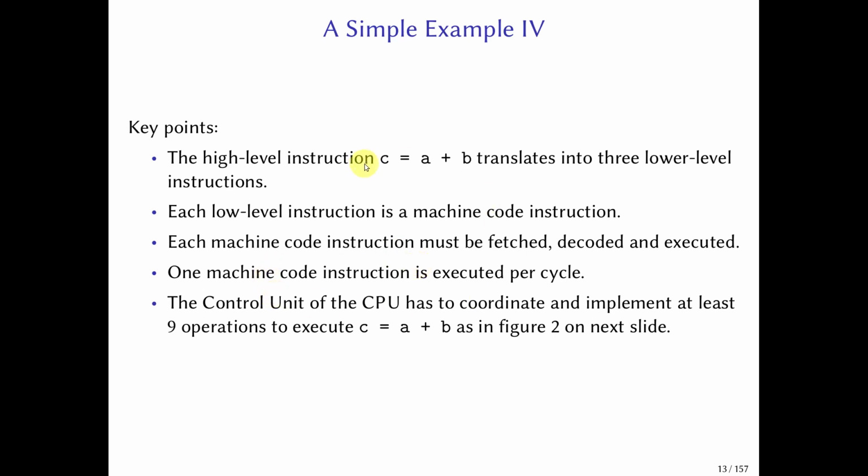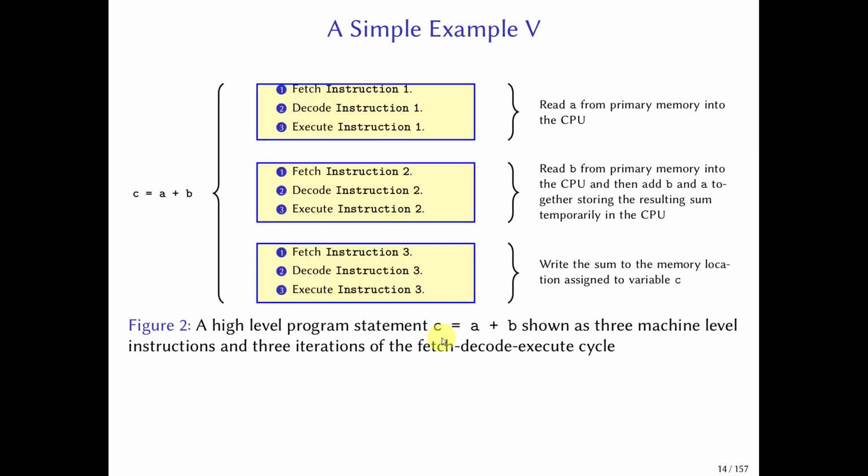So although we see something at the high level, C equals A plus B, in actual fact, when we consider it, and we can illustrate this with a diagram, C equals A plus B is in fact equal to three instructions that have to be directly fetched, decoded and executed by the CPU, and each of those instructions requires in turn to be fetched, decoded and executed.